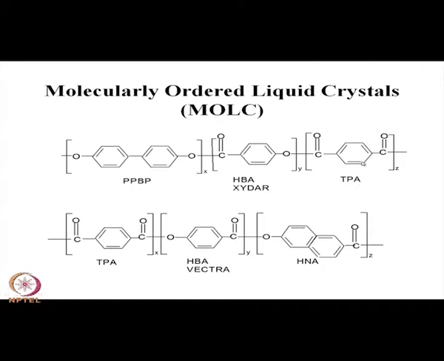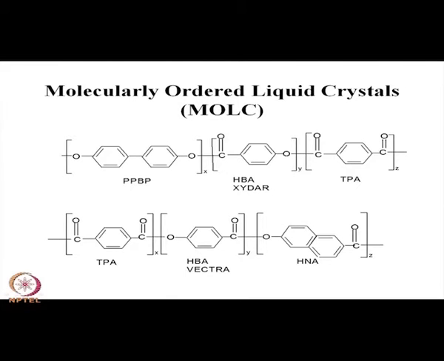So, terephthalic acid, hydroxybenzoic acid, biphenol moiety, all these are linked in one molecule, and due to the presence of the phenyl ring, ester linkage, etc., that forms a long range or a rigid rod like configuration, and that is known as molecularly ordered liquid crystal polymers, used as matrix resin for making high performance strong composites.